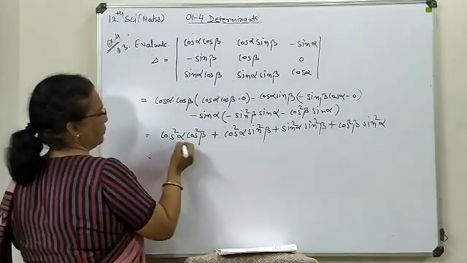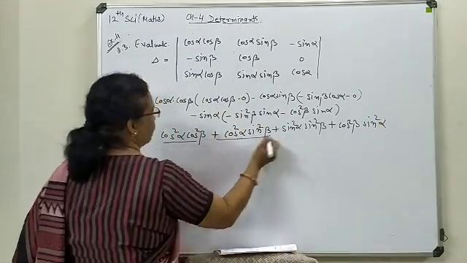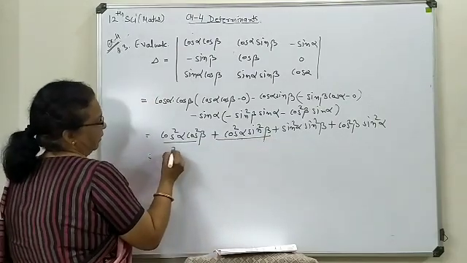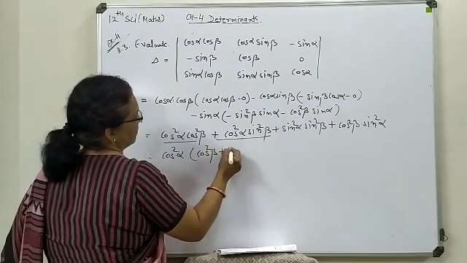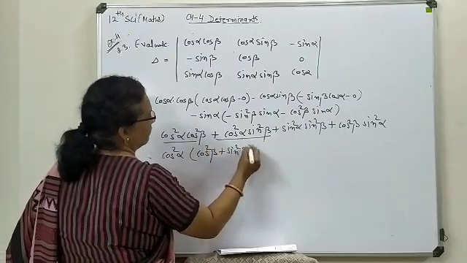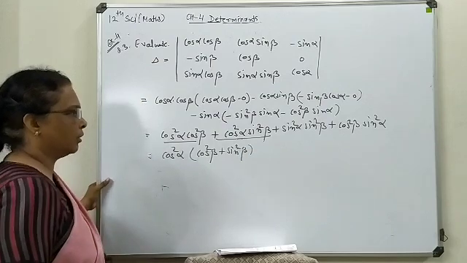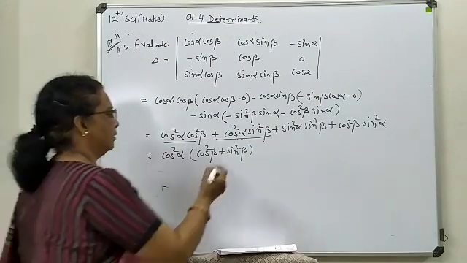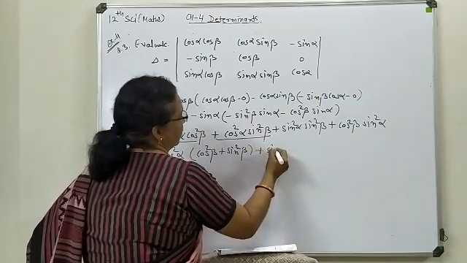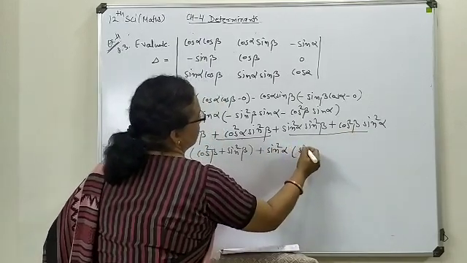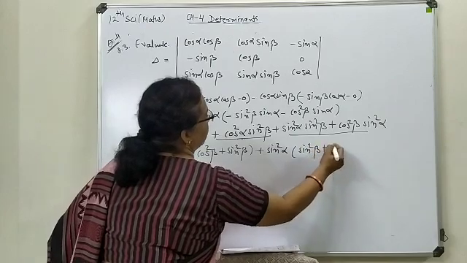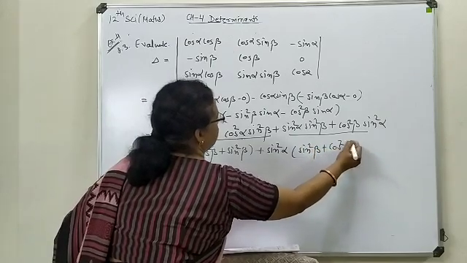Now here you can see in these two your cos square alpha is a common quantity, so cos square beta plus sin square beta. In the next combination, your sin square alpha is a common one in this group, so it will be sin square beta plus cos square beta.